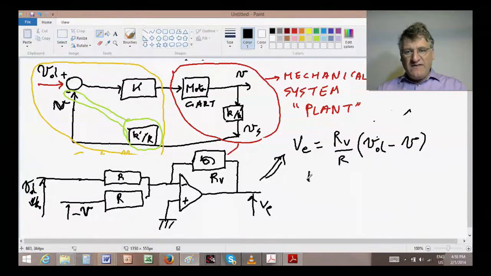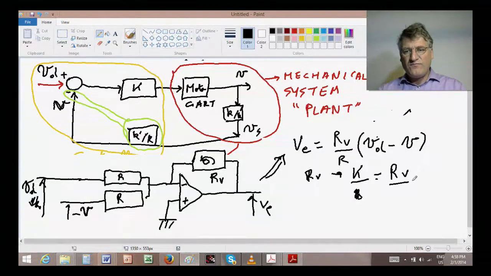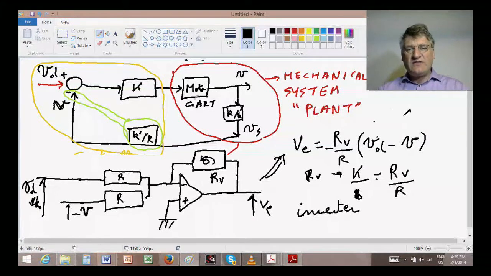So by varying RV, we can vary K, which is RV over R. Now there is only one difficulty, which is that we have a minus before, but we can always use an inverter circuit that we have already seen in order to get the proper signal here.